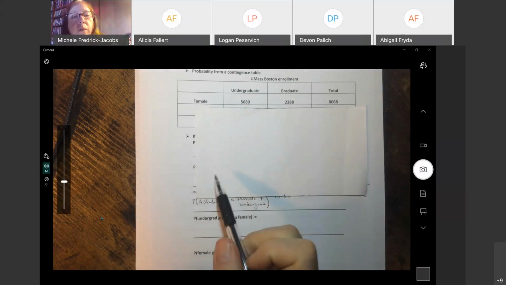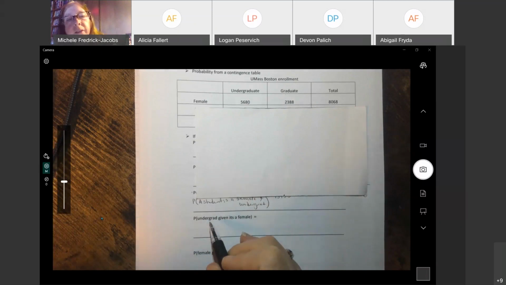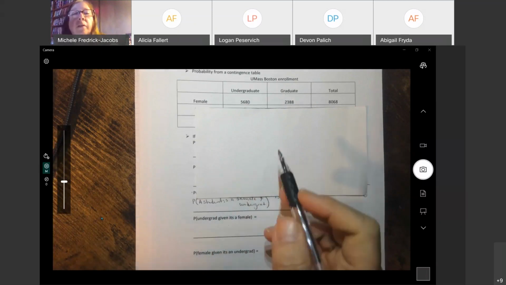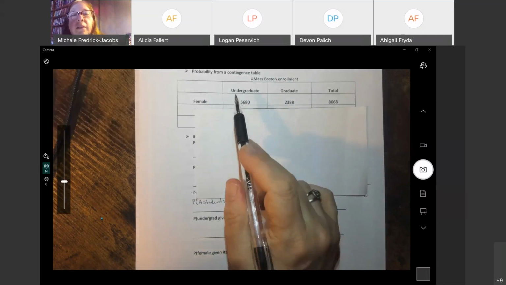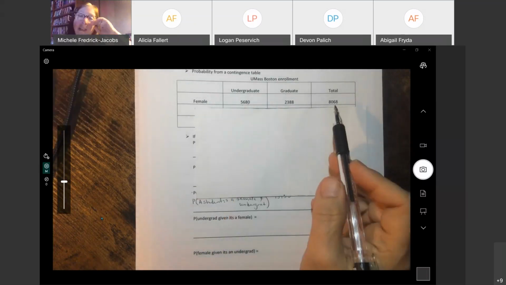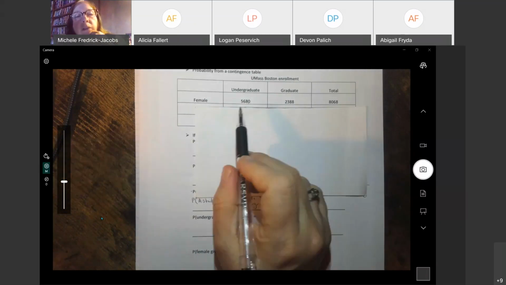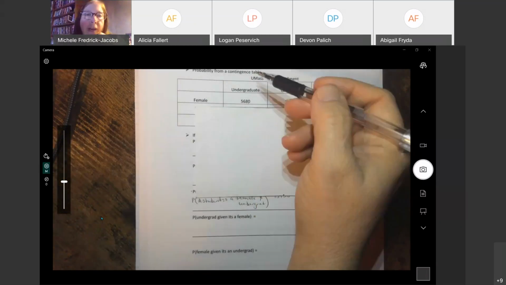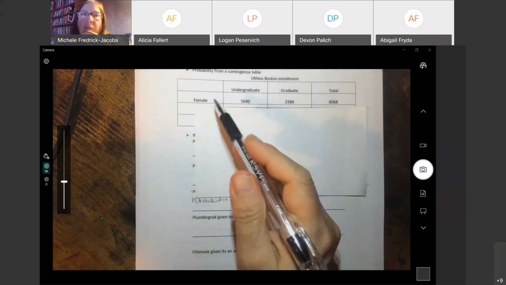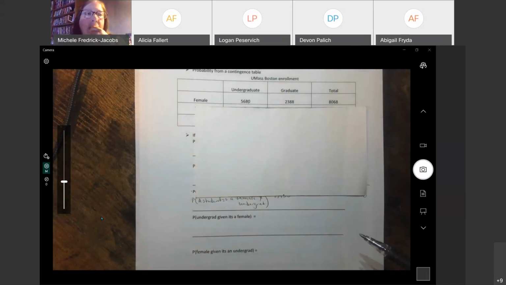So then we want the probability of the undergraduate given it's a female. Undergraduate is this, the total females are 8,068. So when you're given a part, then you only use that column or that row, depending on what was given.